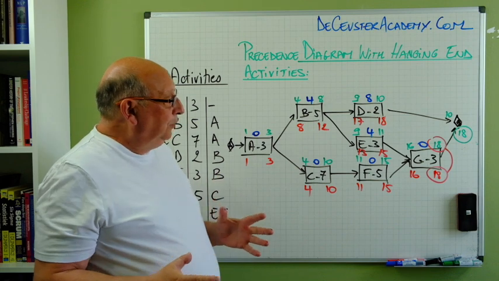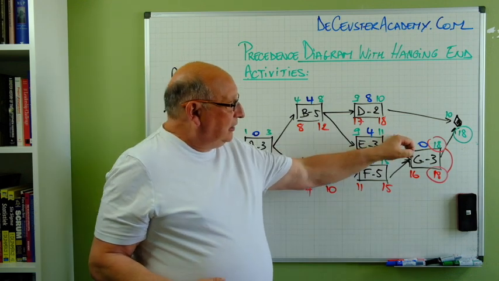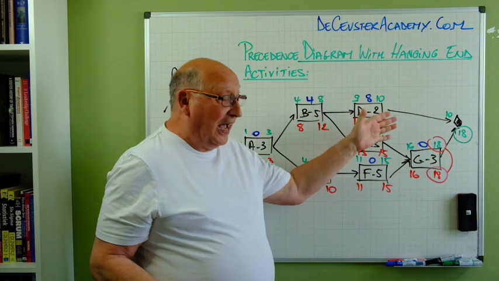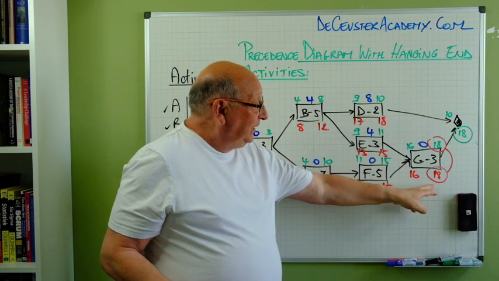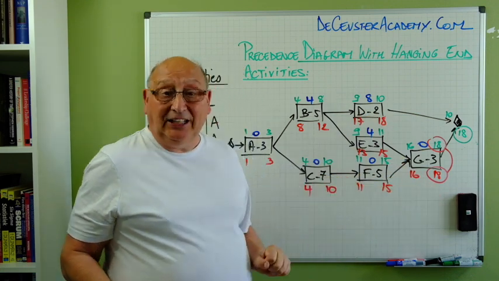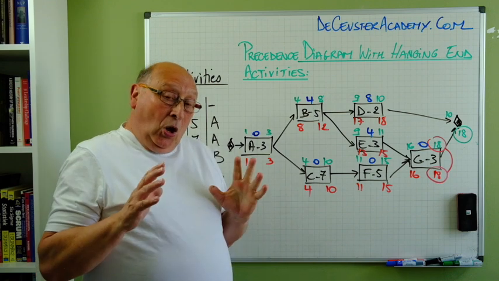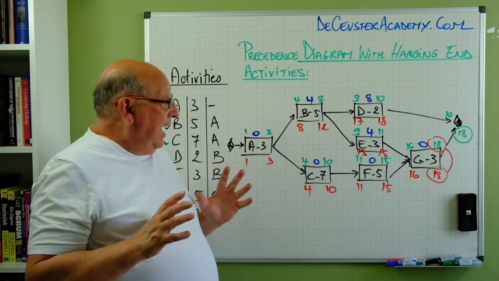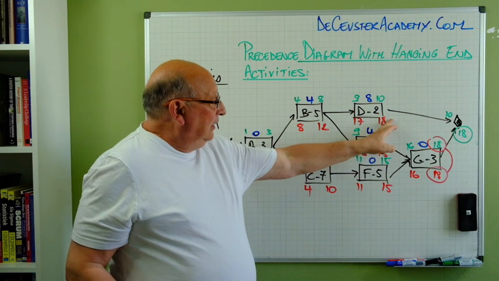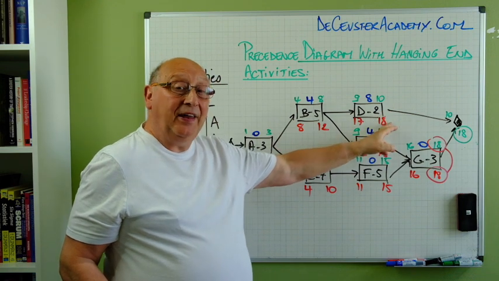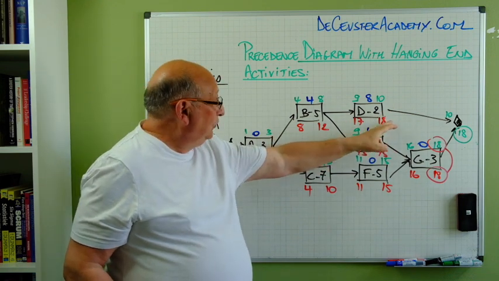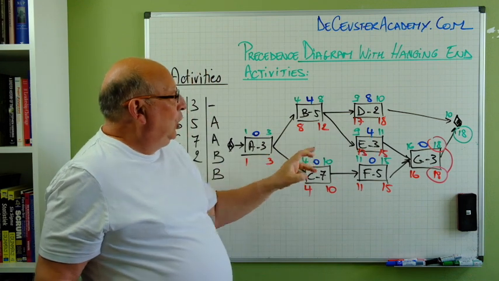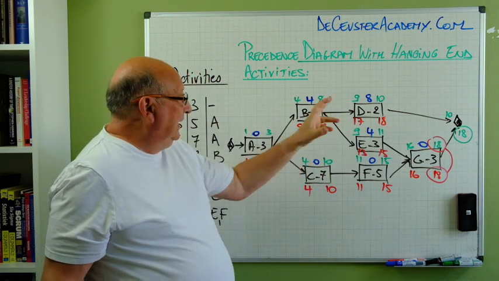This is important to understand: when we count back, when we have those hanging activities, we take the same late finish. A lot of students and a lot of people calculate back here from 10. And then you would find that the slack here would be basically 0.